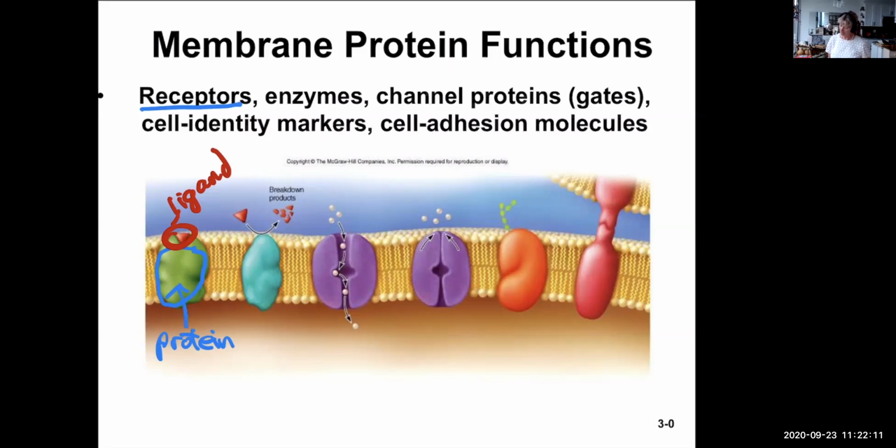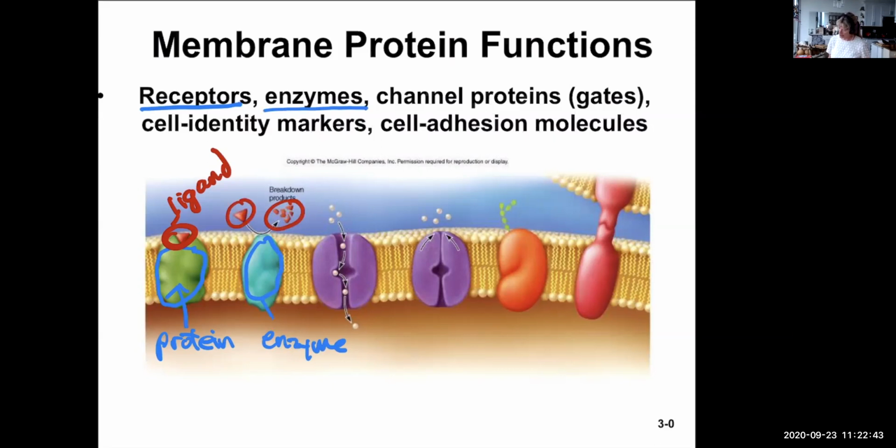Some proteins embedded in the cell membrane are enzymes. So this one is an enzyme. And it's working. It's a working protein. So in this case, it's breaking down a substance.